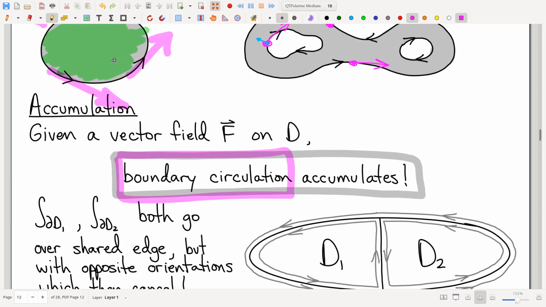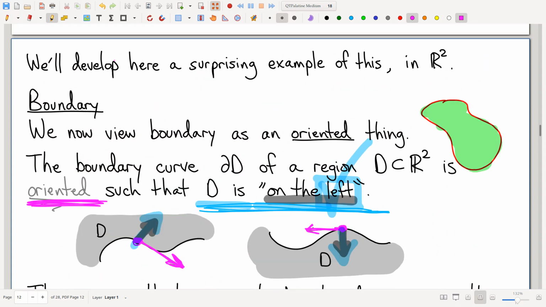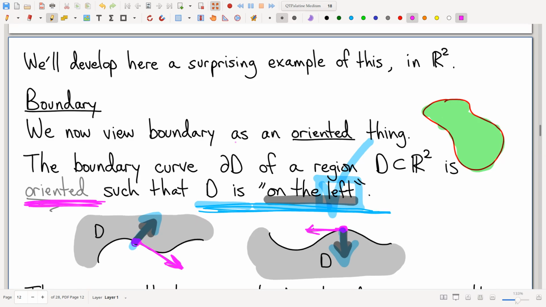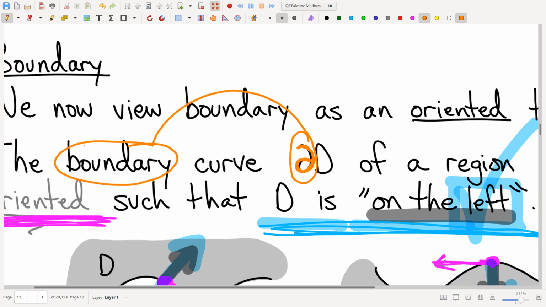And I'm now realizing I forgot to mention a notational point. This notation, that symbol right there that we usually use for partial derivatives, is also a fairly standard notation to represent the word boundary.